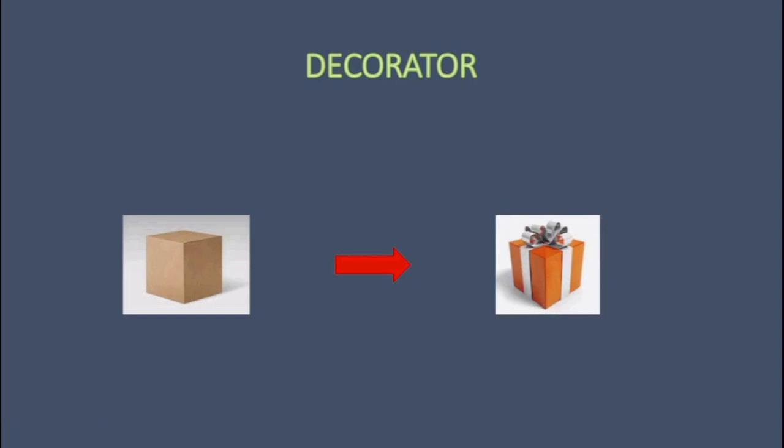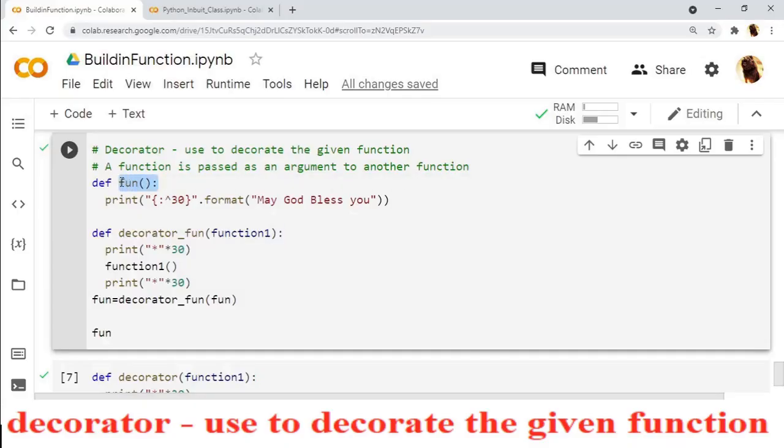Similarly, a decorator is a function in Python which takes a function as an argument, adds some functionality and returns it. This is about decorator. Let us learn it with an example. Here, fun is a function which prints may God bless you.